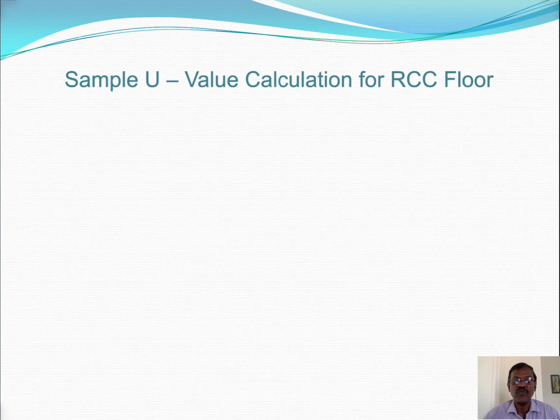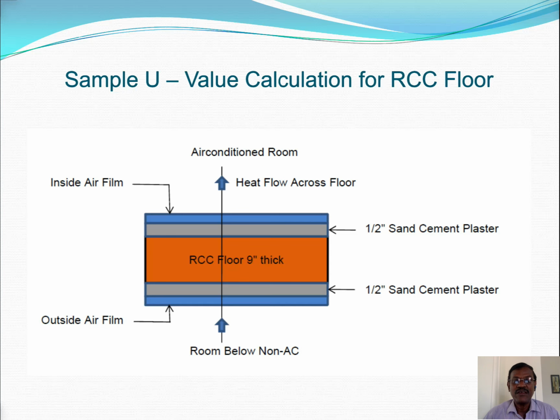Now we will see the RCC floor. The only difference is that in the roof the heat flow is horizontal downward, here it is horizontal upward. If the floor below your conditioned space is non-AC, then this will play a major role in your load calculation.